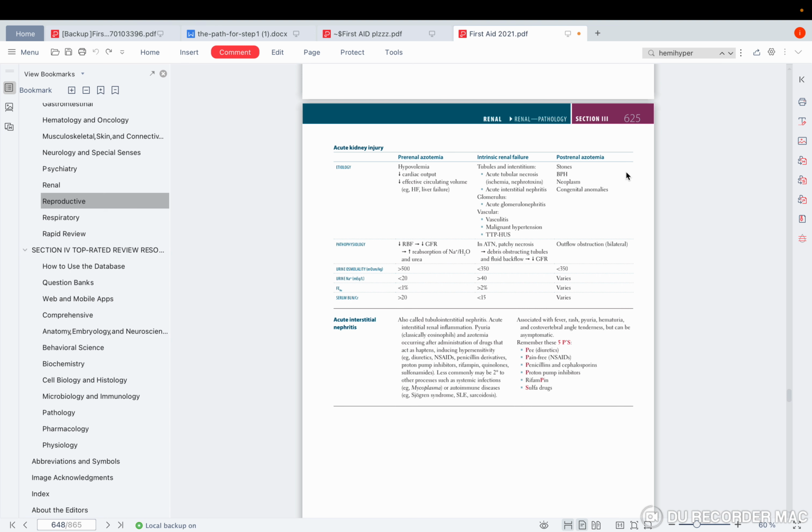Tell me, please. It's intrinsic. Well, if it's intrinsic, will your BUN to creatinine ratio be high or low? It will be low. That's correct.